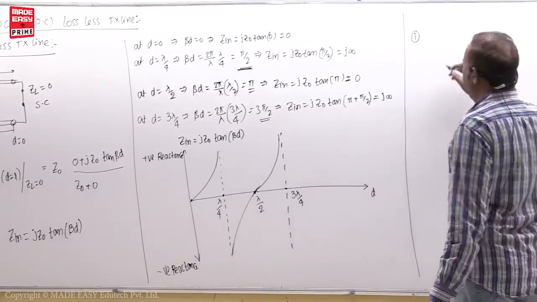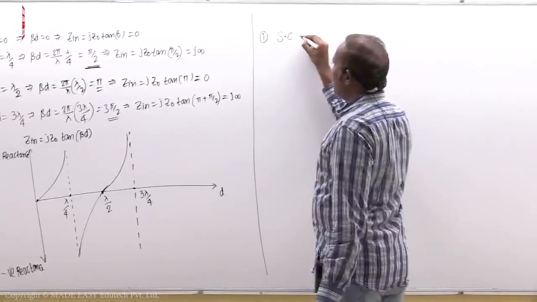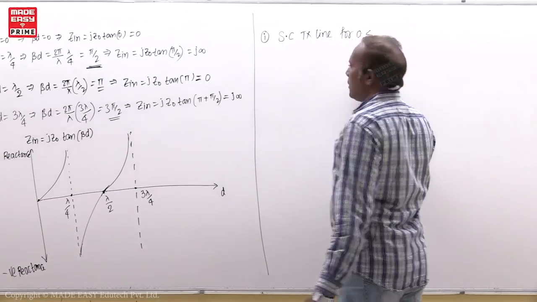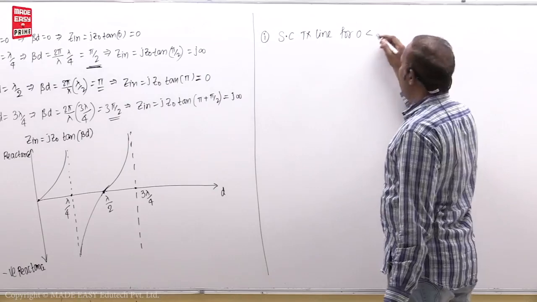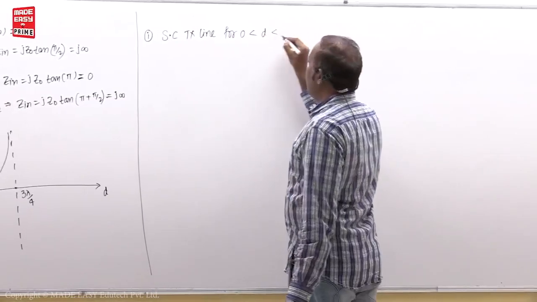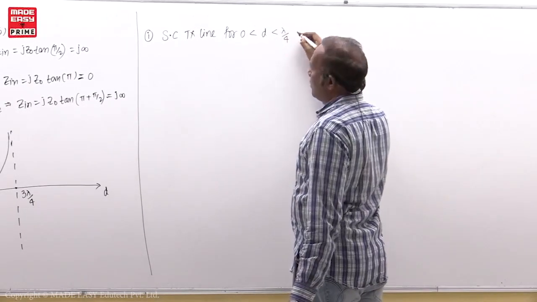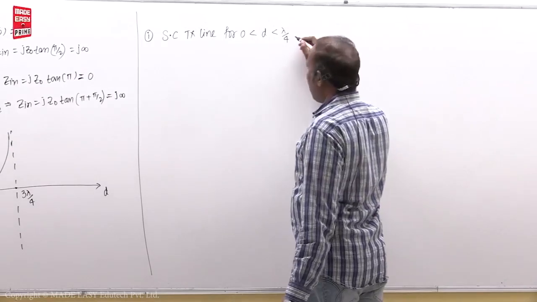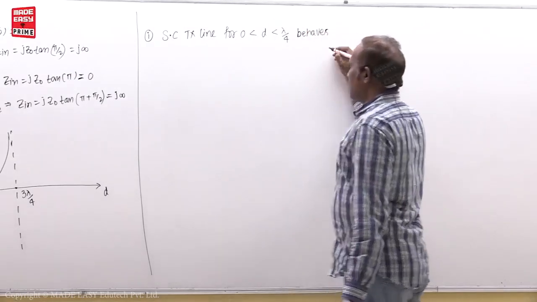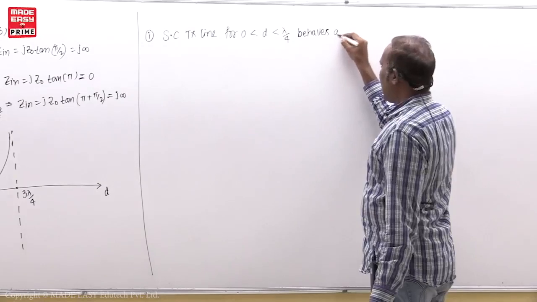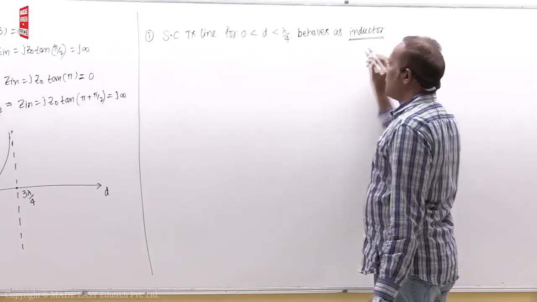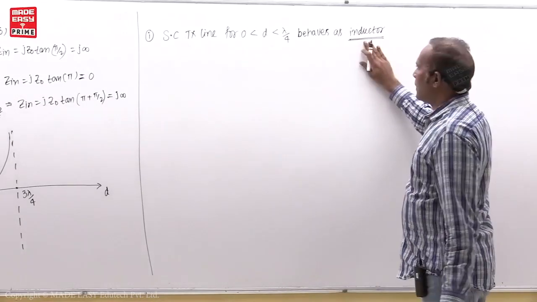So the first question is: a short circuit transmission line for 0 less than d less than lambda by 4, where d means the total length of the transmission line, behaves as an inductor. That is the objective question, and the answer is that it behaves as an inductor.